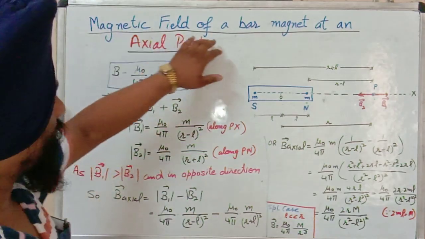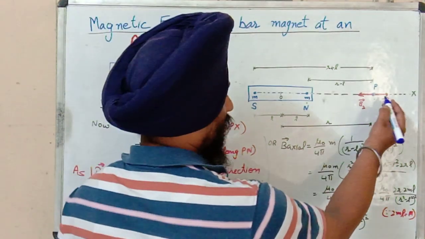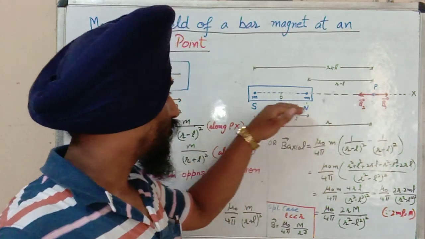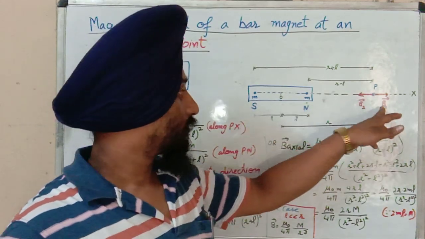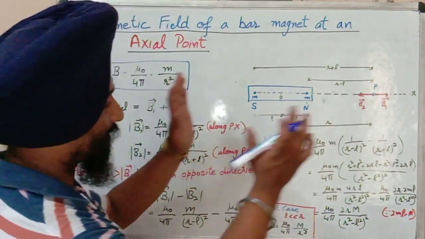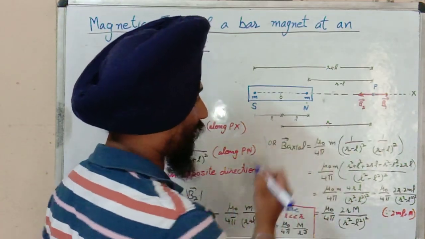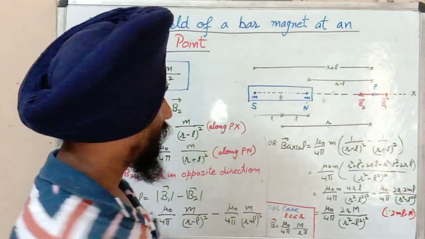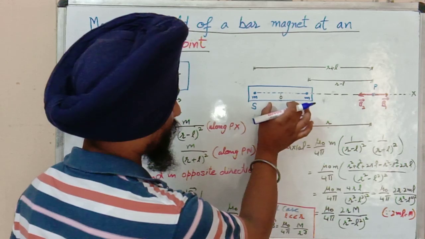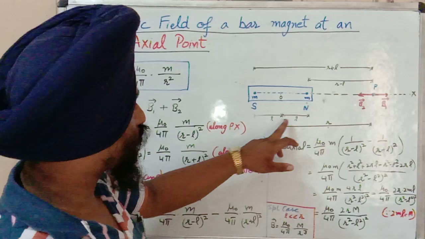Now the magnetic field of a bar magnet at an axial point, we have to calculate at a point which is lying on the axis of the bar magnet. For this, let us consider the point P is at r distance from the center of the bar magnet, and the total length of the magnetic dipole is 2L.